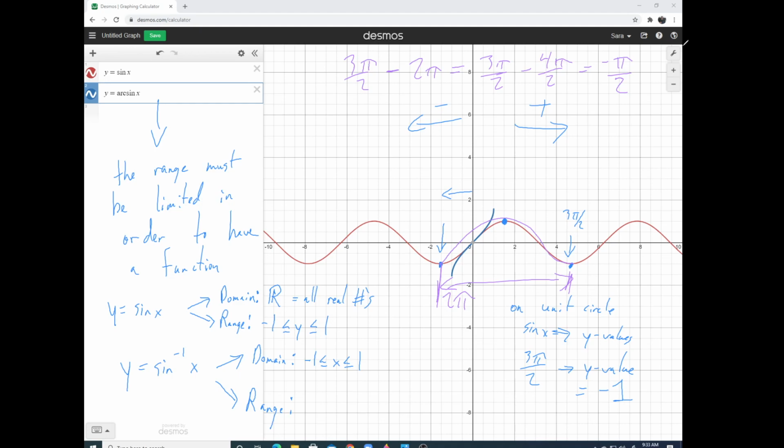So our range here is going to go from the negative pi over 2 to the positive pi over 2.